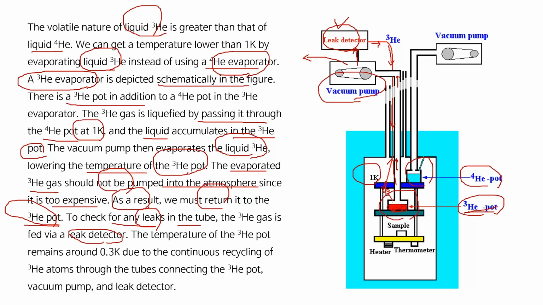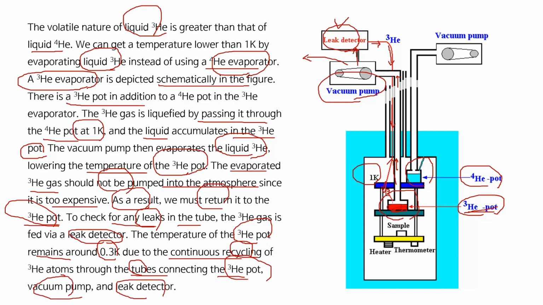The temperature of the helium-3 pot remains around 0.3 Kelvin due to the continuous recycling of the helium-3 atoms through the tubes connecting the helium-3 pot. So we continue to supply the helium-3 through this line. So continuous recycling of helium-3 atoms through the tubes connecting the helium-3 pot, vacuum pump, and leak detector.